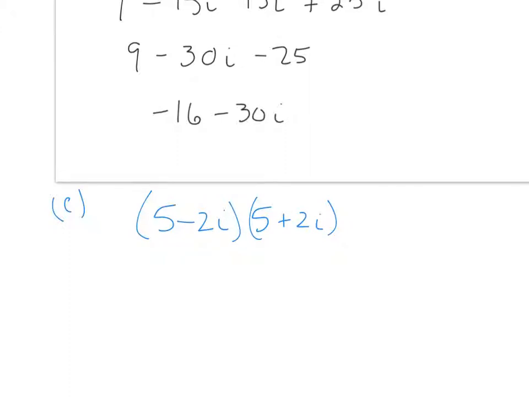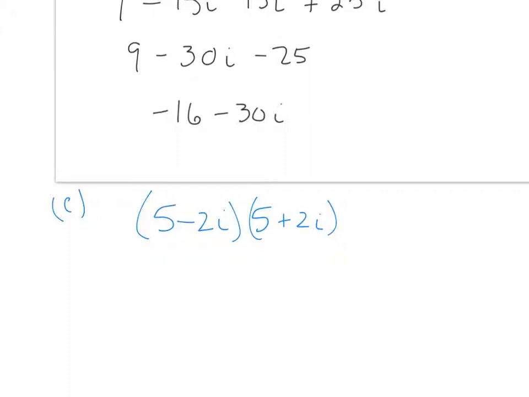What else? Look at your final answer. What else can you conclude? Daniela? It's a real number. That's the key here. Your answer is absolutely a real number because the middle terms have the imaginary components and those cancel out.